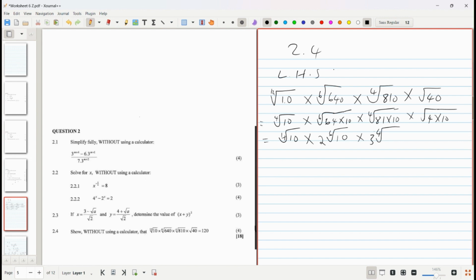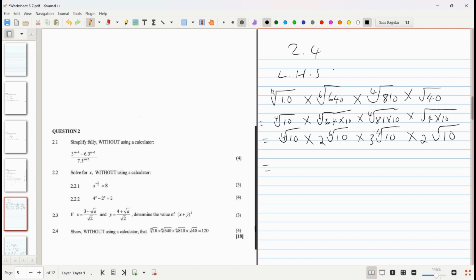So remember, this is the 12th root of 10. And then here, the square root of 4 we know is 2, which is the square root of 10. So what you need to do here, you can multiply the coefficients, which is 2 times 3 times 2.